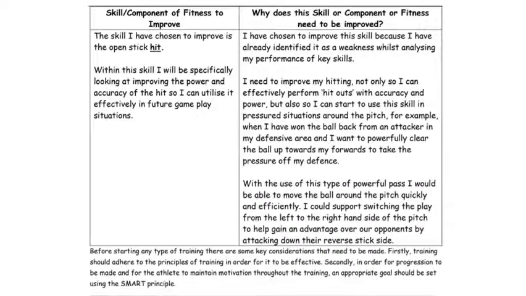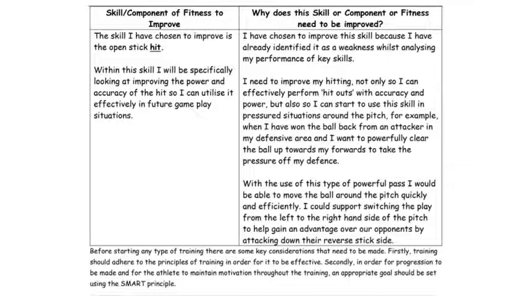Now, this is the next piece of work. Okay, so this person here is looking at components of fitness to improve, and why does the skill or component of fitness need to be improved? So they've laid this out on the table. Okay, they have started to talk about the skill.